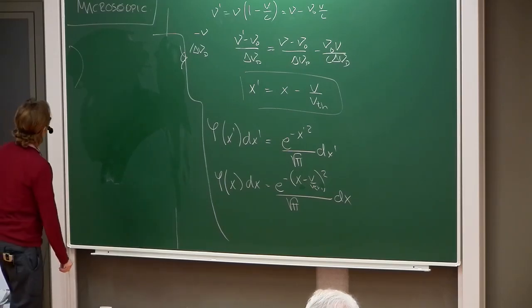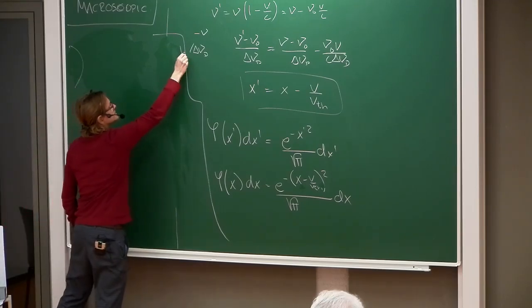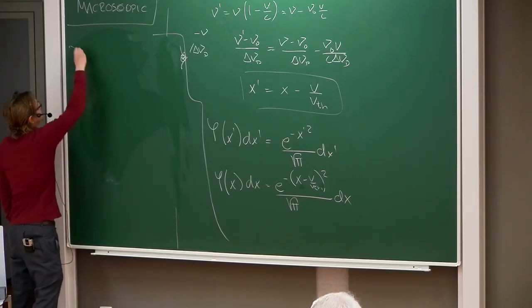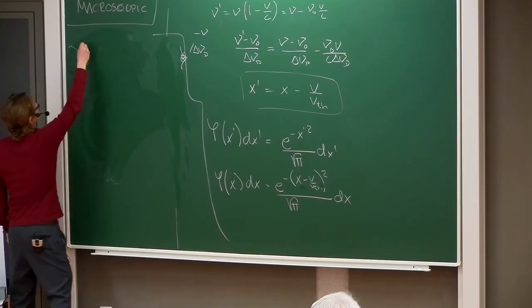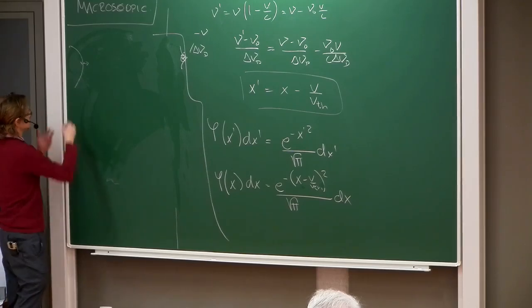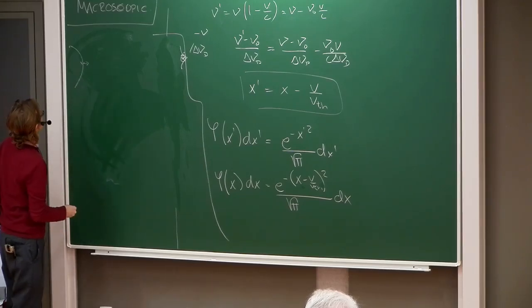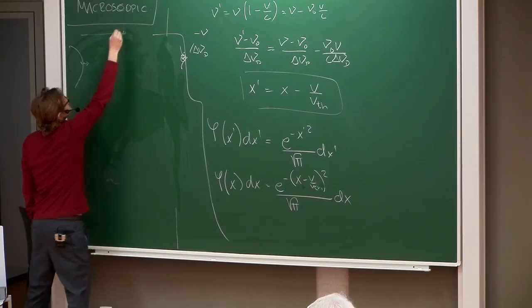And then you have an outflow. This is you, and here you emit some continuum radiation, but then outside of this star or this galaxy, you have an outflow which moves in this direction.